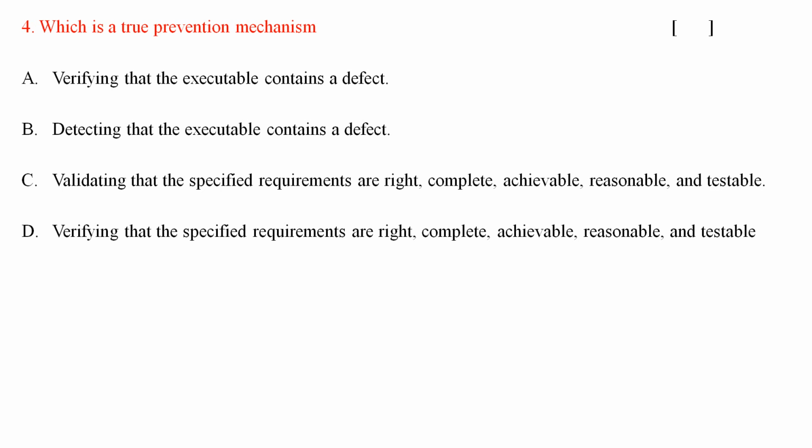So, validating, verifying, detecting. These are the 4 options given. Which one is the correct one? Validation is a different technique. So here option D is the correct one: verifying that the specified requirements are right, complete, achievable, reasonable, and testable. Why not option C? Because option C is representing validation, not verification. That is why option D is the correct one.